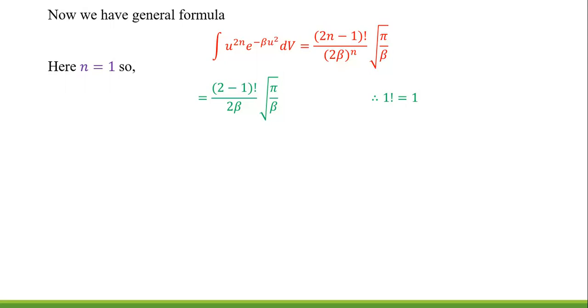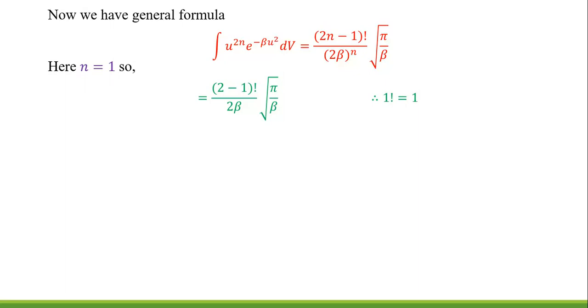I mean, n can be 1, n can be 2, and so on. This integral only exists for the even combinations, but all the odd combinations vanish or become 0. I have written it here.